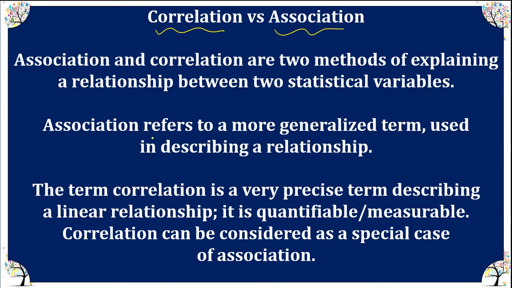However, association refers to a more generalized term when describing a relationship, whereas the term correlation, which is what we'll be using for this lesson of bivariate data, is a more precise term describing a linear relationship. It is what we call quantifiable. We can actually get a numerical value. We can measure it. So correlation can be considered a special case of association, so a little bit more specific.